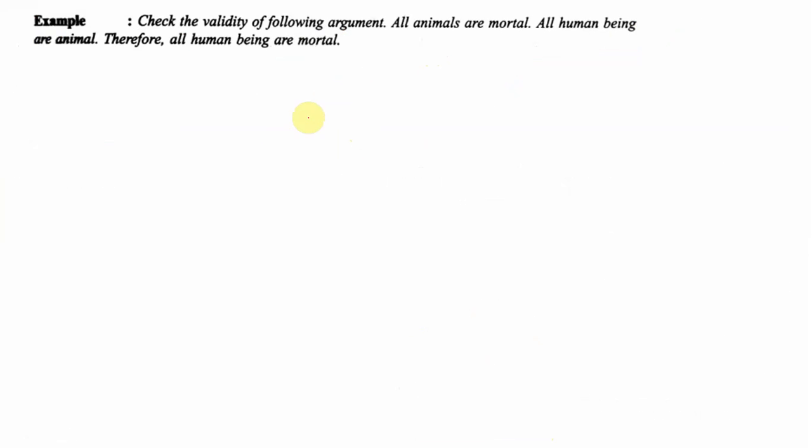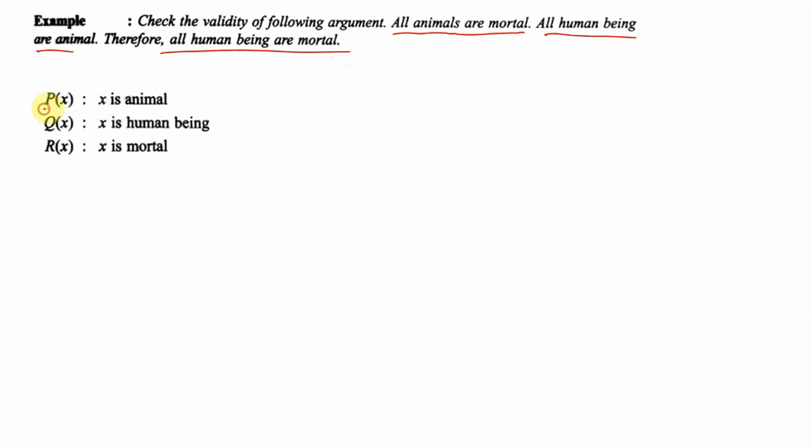Let's see another example. Check the validity of the following argument. All animals are mortal. All human beings are animals. Therefore, all human beings are mortal. Quite simple. Let us define Px to be X is an animal, Qx to be X is a human being, Rx to be X is mortal. So the first statement, all animals, is universal.